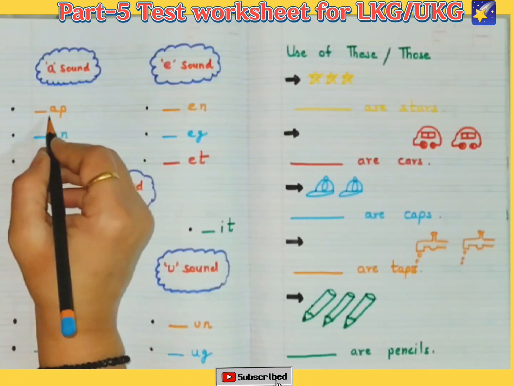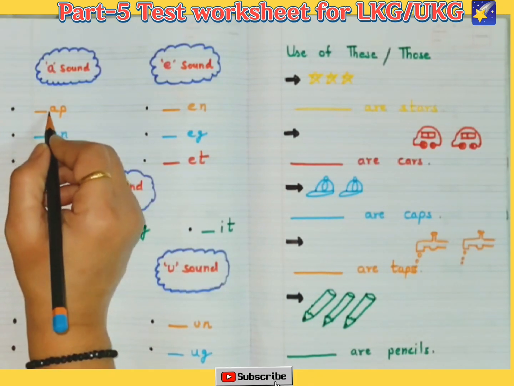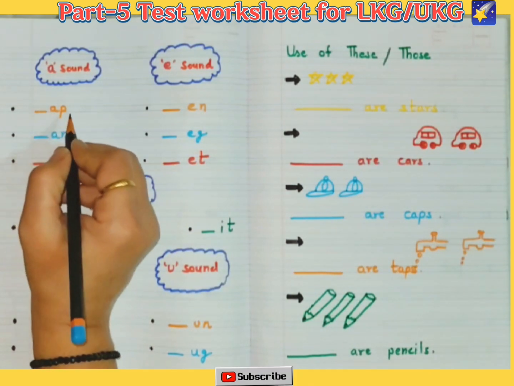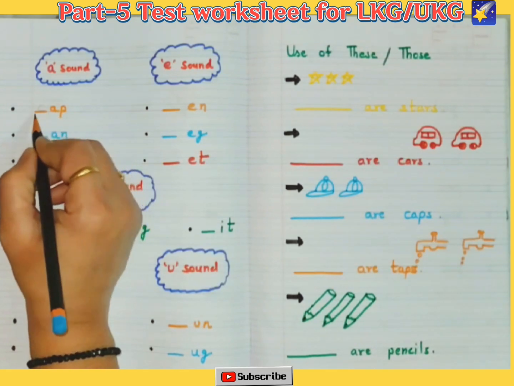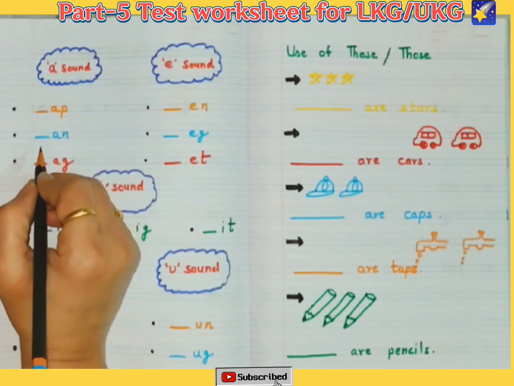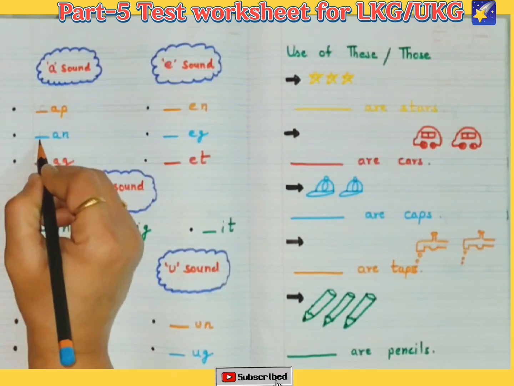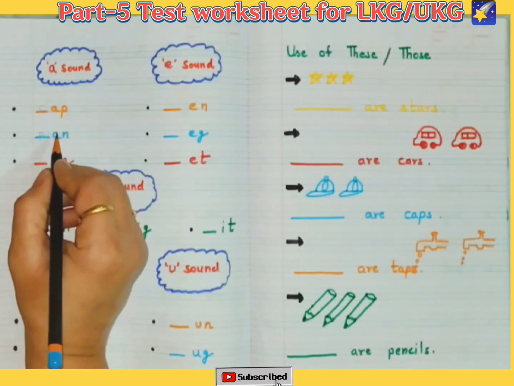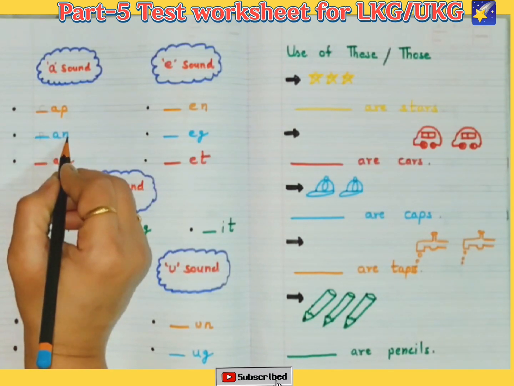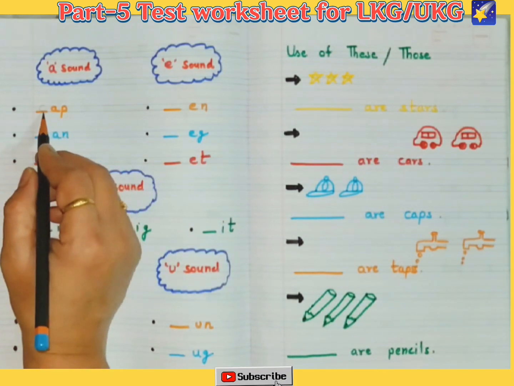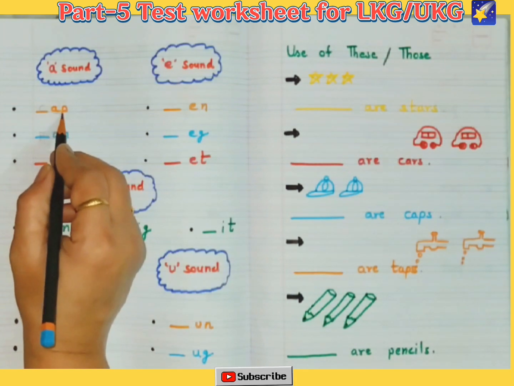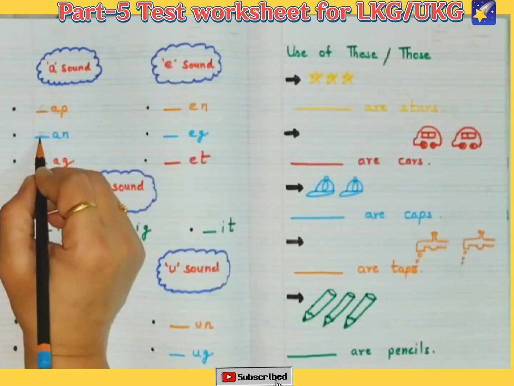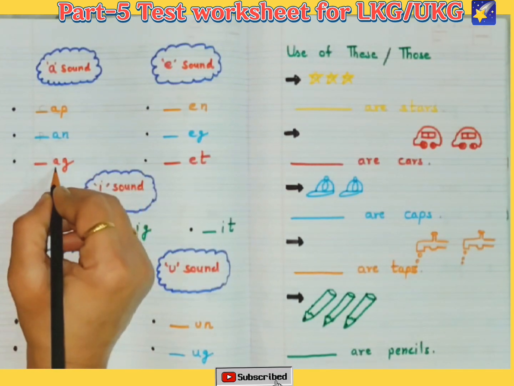So let's start with AP. We have to fill in a letter here to make a word. Cap or nap, tap, anything you can fill. This is a pan, P-A-N. K-A-P, cap. AN, P-A-N, pan.